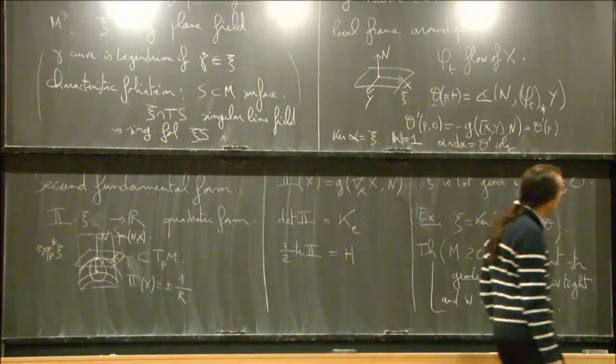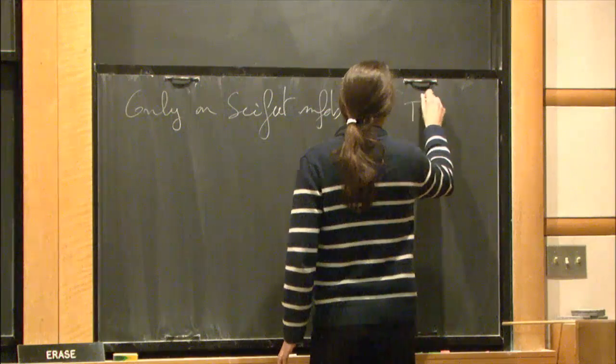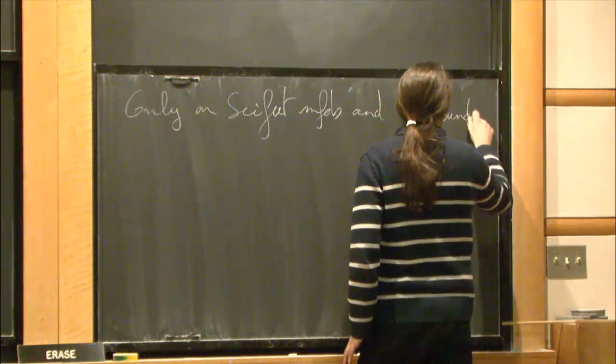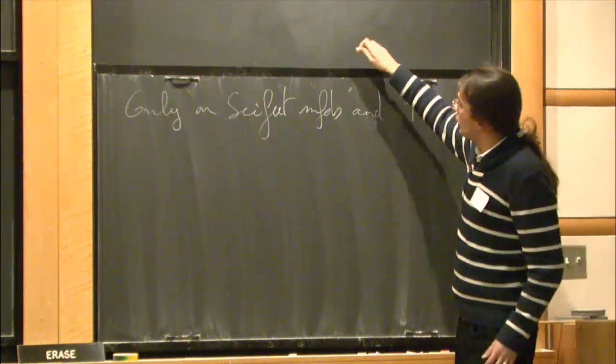And then the result of the Riemannian part is that they exist only on Seifert manifolds and some T2 bundles, so T2 bundles with hyperbolic monodromy over the circle. And we know what they are.